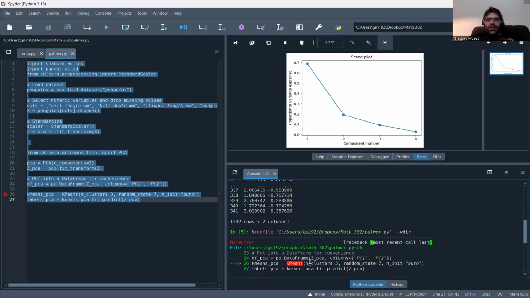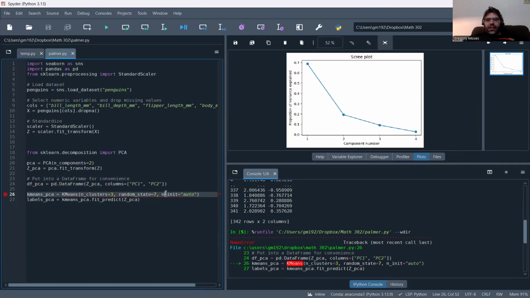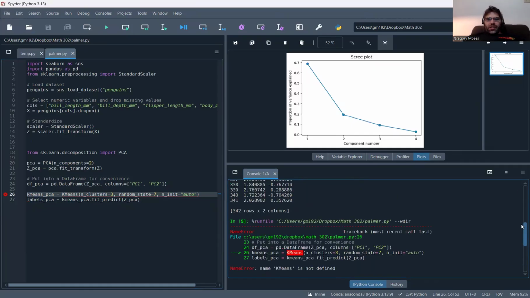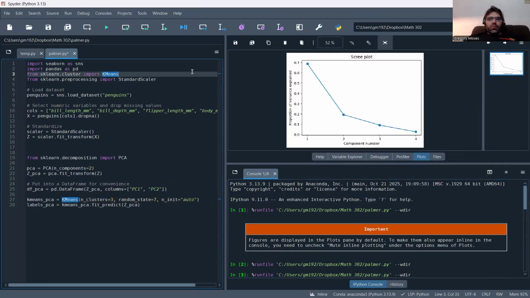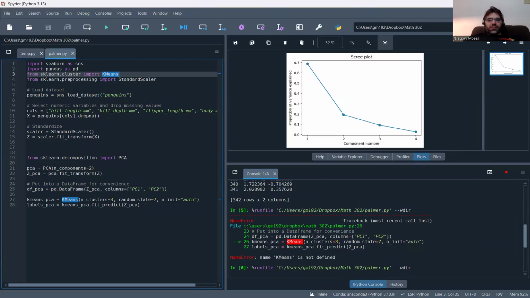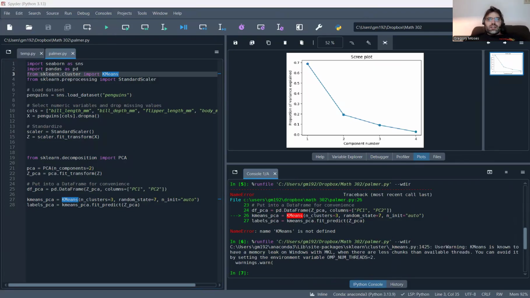Once I looked at the error, it was not hard to diagnose. You see that k-means is not defined, which means that I did not import it. So now I have, and this is running.